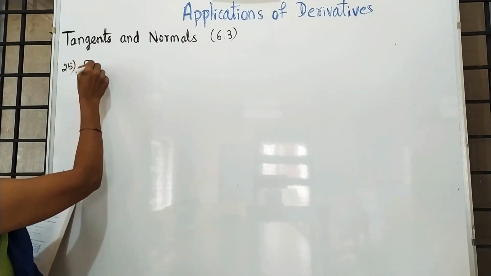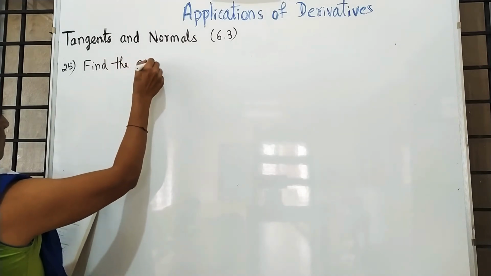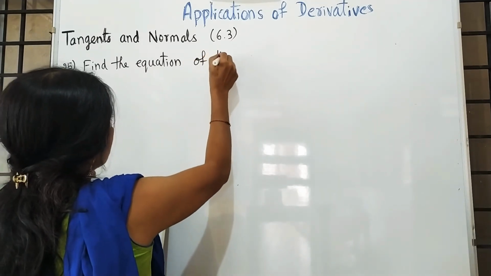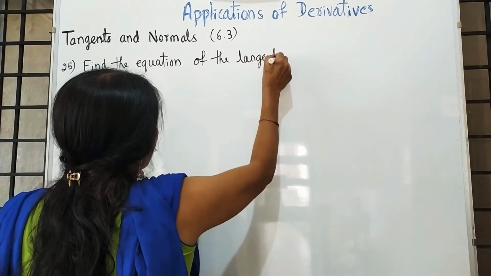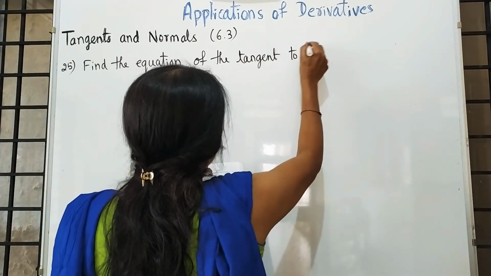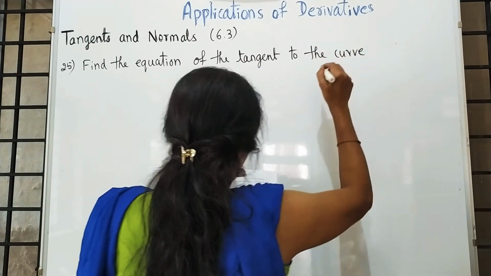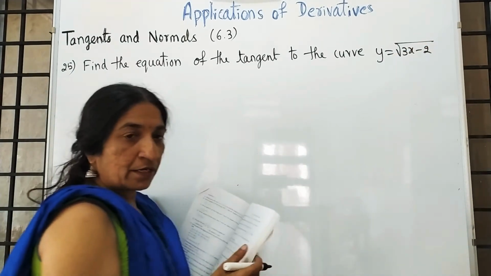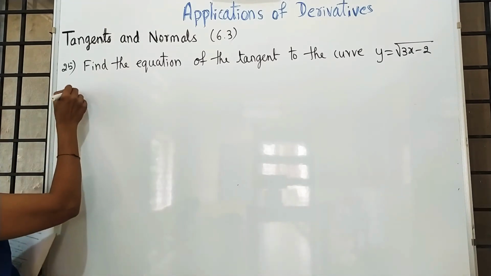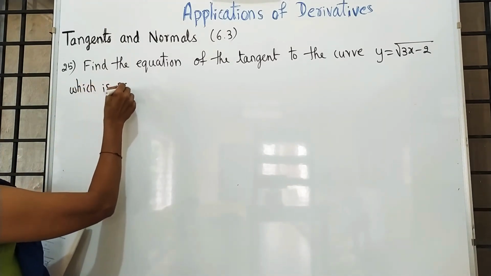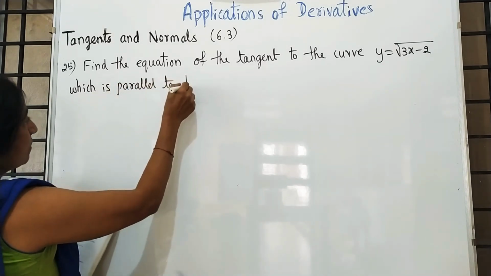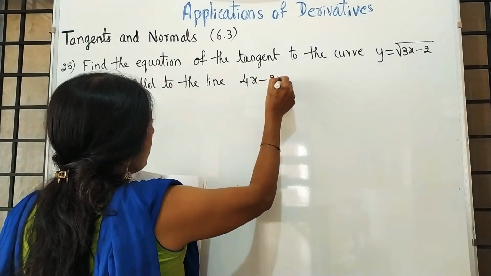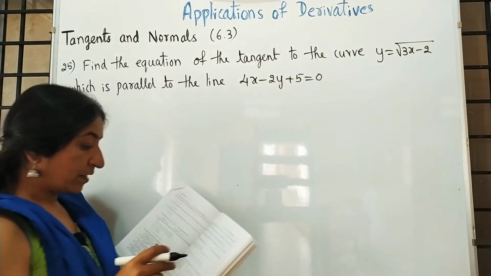Find the equation of the tangent to the curve y is equal to square root of 3x minus 2, which is parallel to the line 4x minus 2y plus 5 is equal to 0.